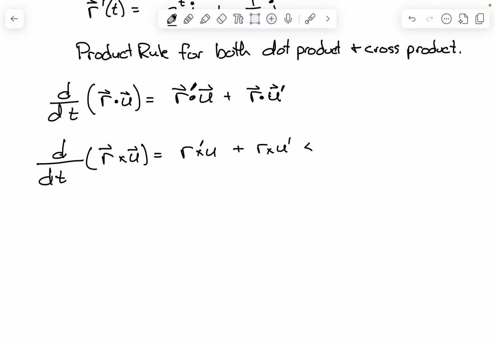It's important to get the order correct here, because if you get a cross product backward, like if you did a u prime cross r here, it would be the negative of this. So the order is important.